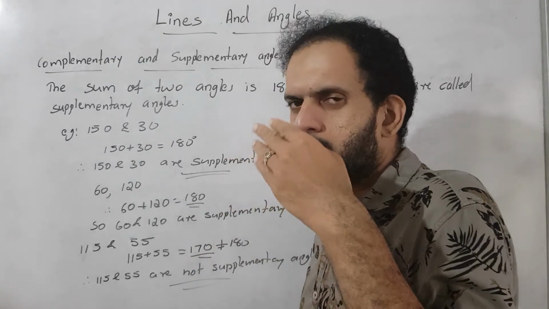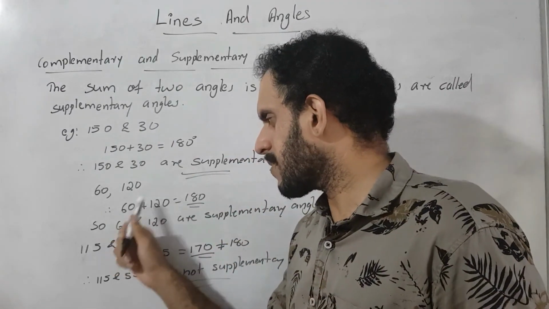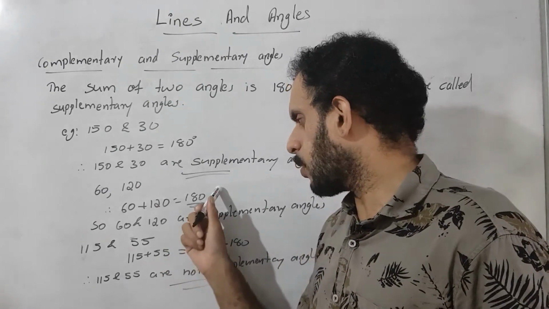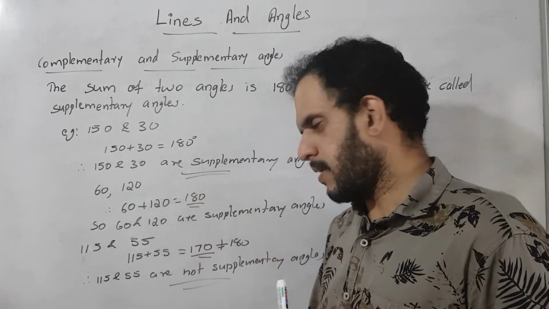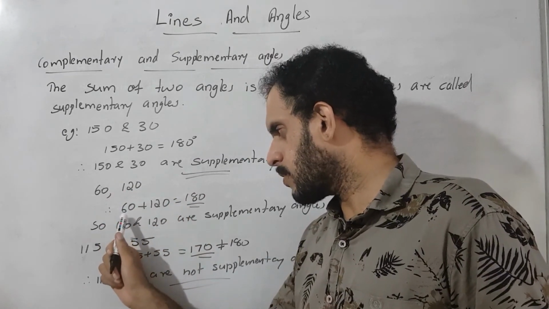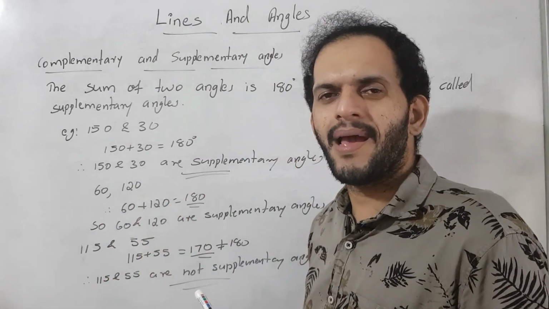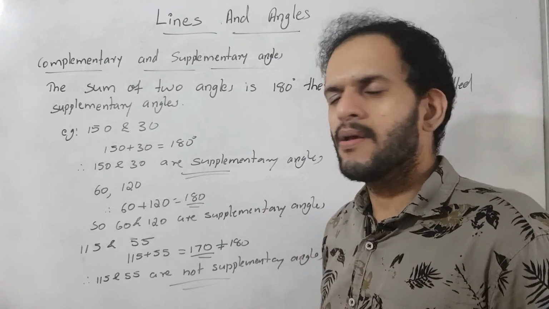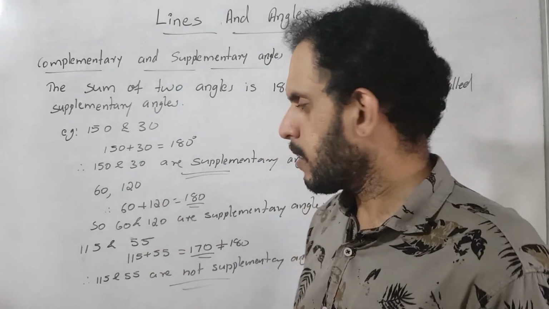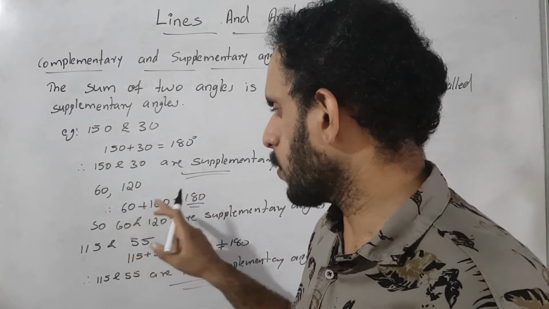If the question asks to find the supplement of 60, how to find it? As in the previous case, here the sum is equal to 180. So for finding the supplement of 60, what do we do? We just subtract the given angle from 180, then we get the supplement. Correct? 180 minus 60 is 120.